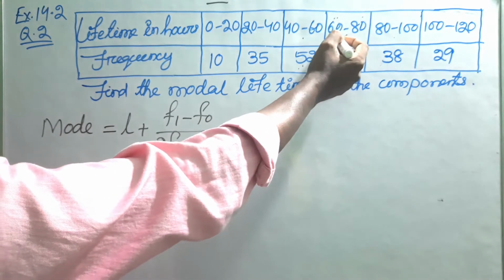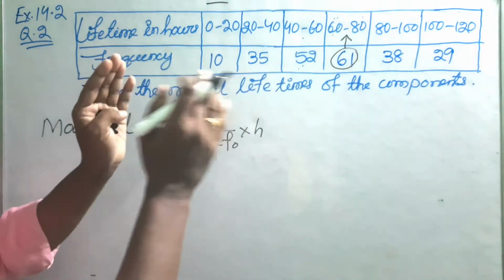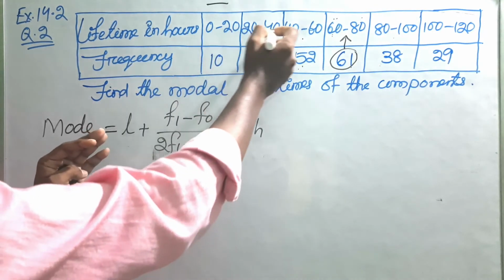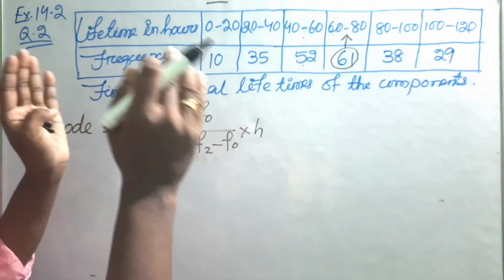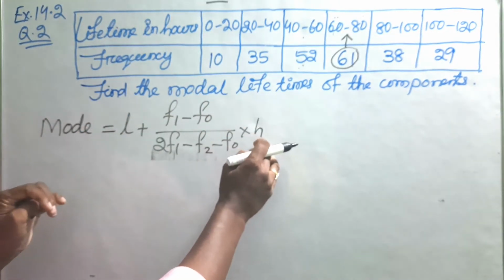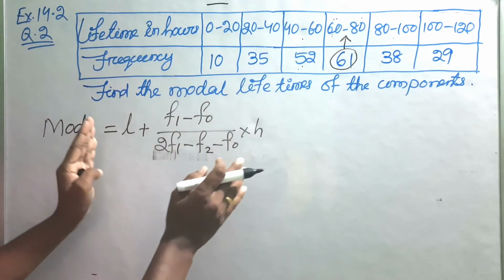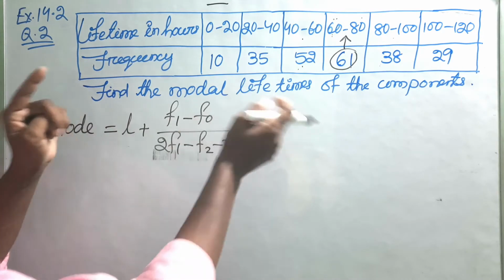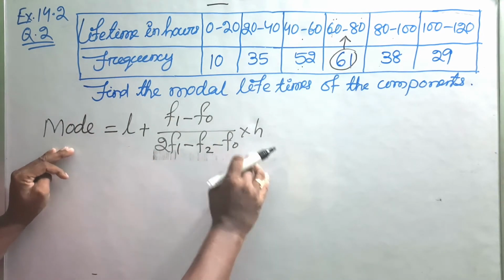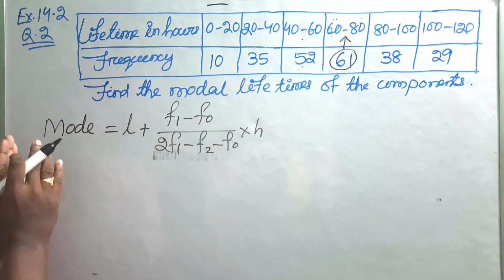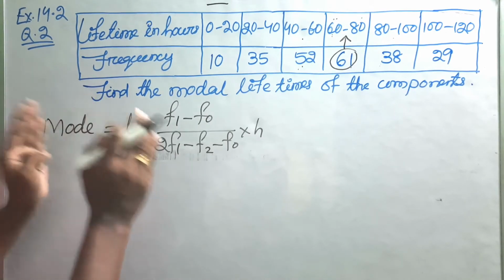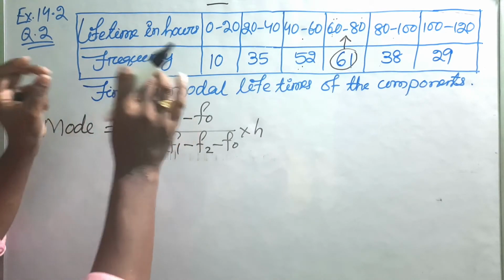Here the class size for 60 to 80 is a difference of 20, and in every class the difference is 20, so the class size is 20. In this way you can find the modal class, then put these values in the equation and we will find the mode. This is the simple way you have to apply.